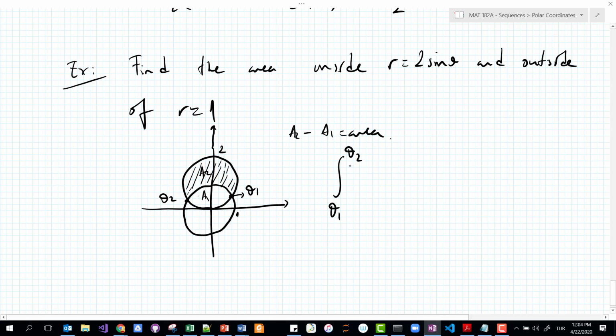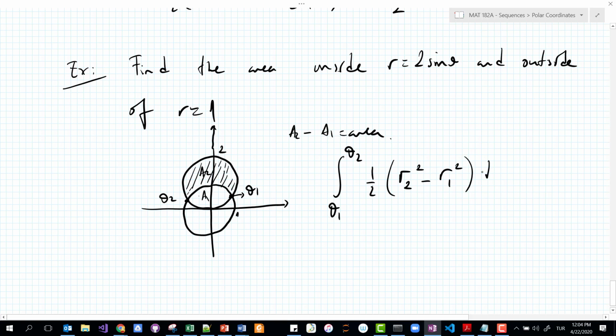That's why the area problem would turn into this problem: theta 1 to theta 2, 1 over 2. Like in the area between curves, this time I'm going to subtract the second area from the first area.